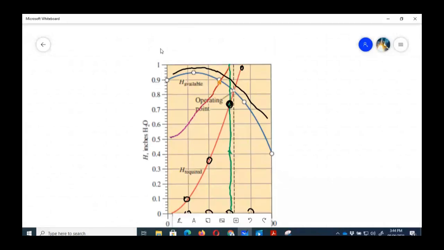Then it would be starting from here like this. So maybe in that case it would match here. Now you can easily see that if we change the impeller diameter to a higher diameter, the operating point again comes on the right hand side. So that is the job of an engineer.